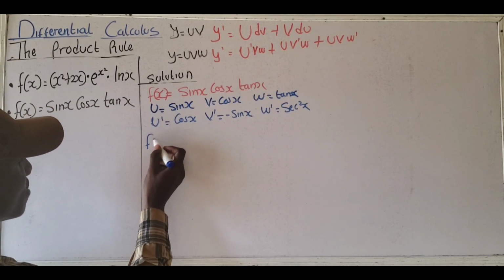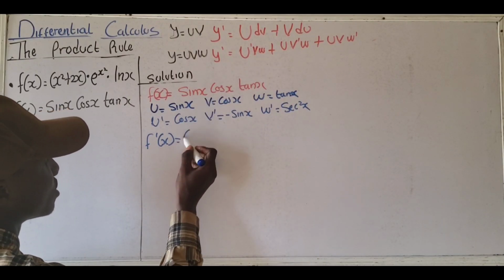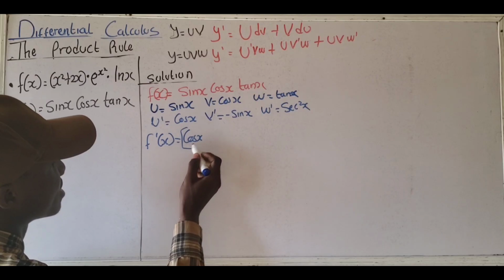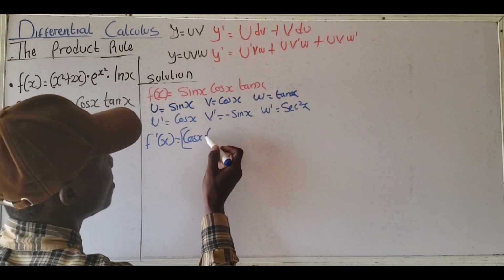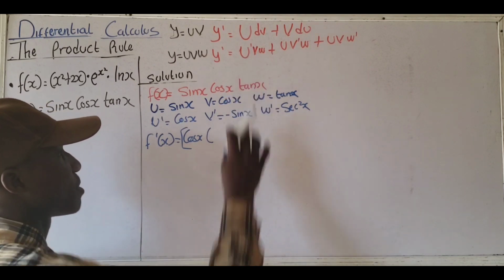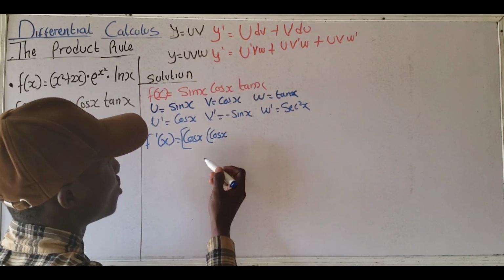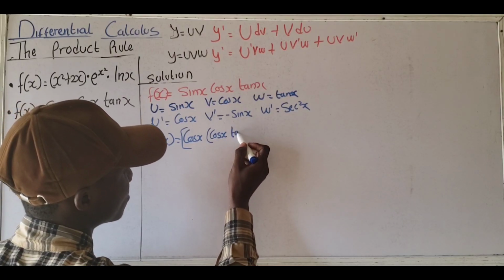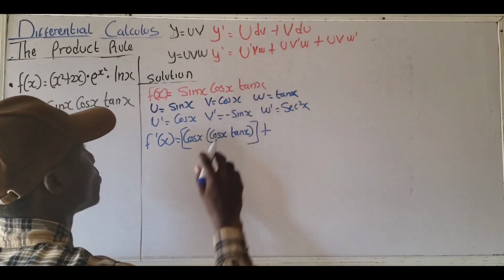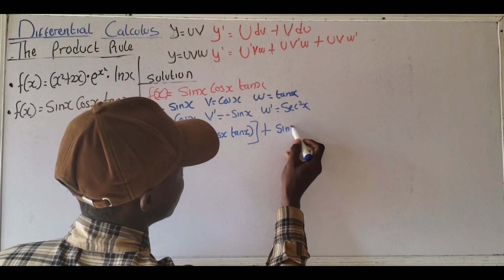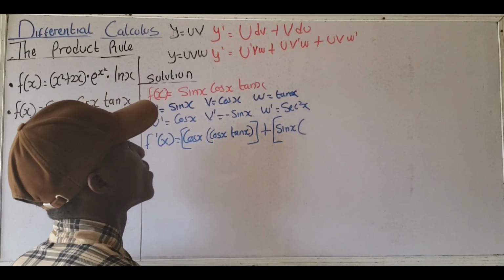Okay, now the next step is to substitute all these values into this formula. So the derivative of f of x is equals to derivative of u, that is cos x, open the bracket, cos x multiplied by v w. V is cos x and w is what? Tan x. Okay, plus u is what? Sin x multiplied by derivative of v.